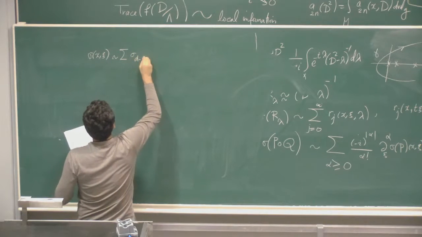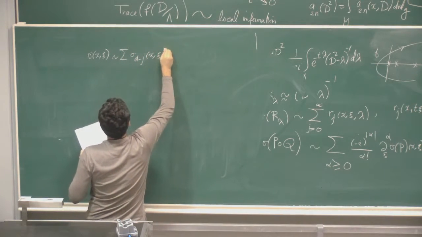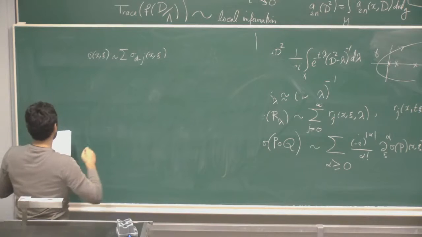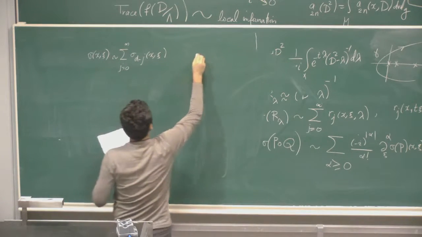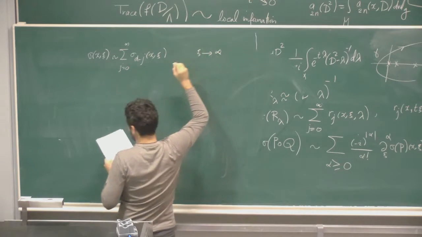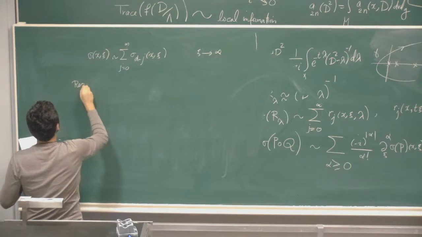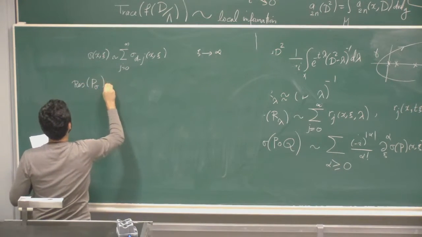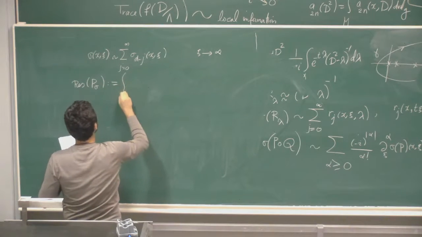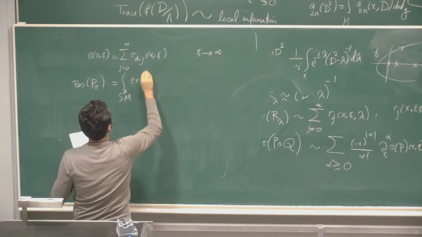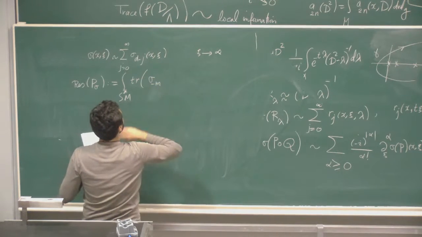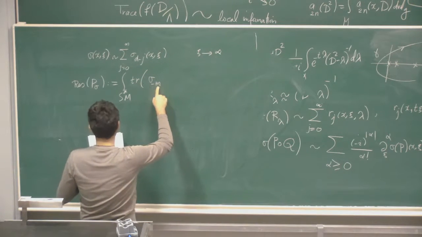If you have a classical pseudo-differential operator with homogeneous terms of order d minus j, the residue is the integral over the cosphere bundle of the trace of the term that is homogeneous of order minus the dimension of the manifold.